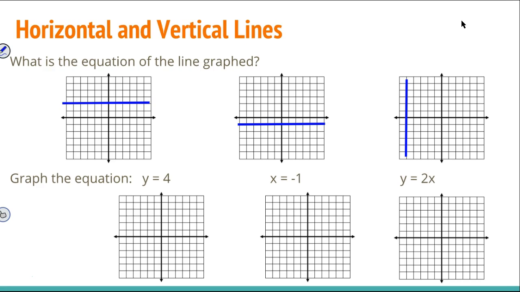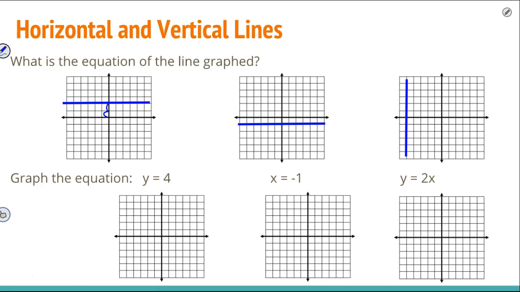Alright, I just realized there was no horizontal and vertical lines on the review, so I had to add the slide really quick. First part, what is the equation of the line graphed? So we have a horizontal line that is 2 units up. A horizontal line has a slope of 0.